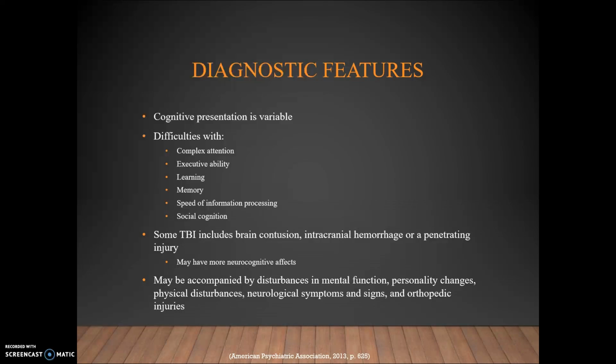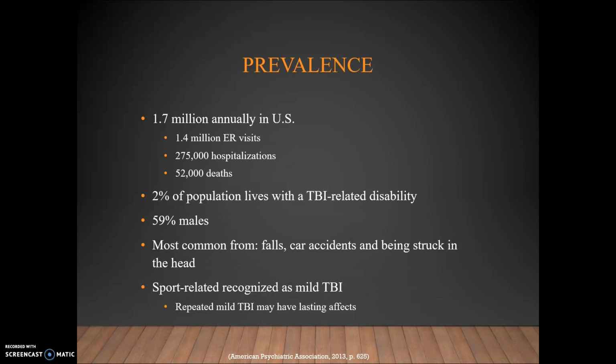And then finally, another diagnostic feature is that the TBI may be accompanied by disturbances in mental function, by personality changes, by physical disturbances, neurological symptoms and signs, and by orthopedic injuries. Next is the prevalence of NCD with TBI, due to TBI.